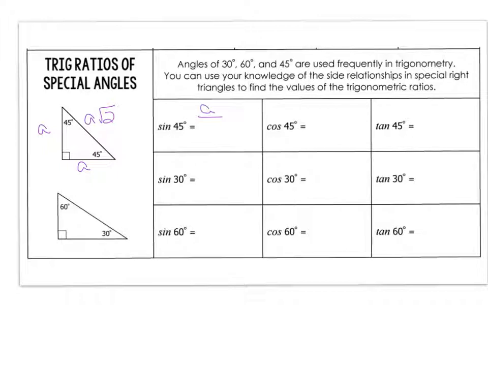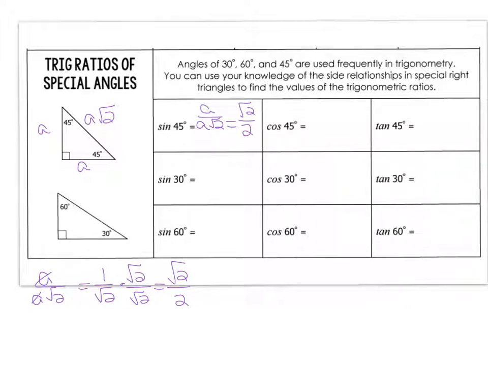A root 2. Okay, so let's simplify that. These cancel and I get 1 over root 2. I have to rationalize and I get the square root of 2 over 2. So the sine of 45 degrees is root 2 over 2.